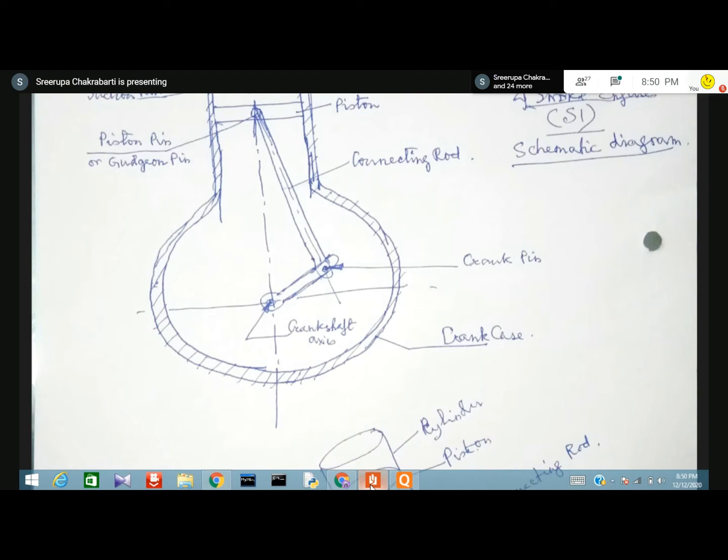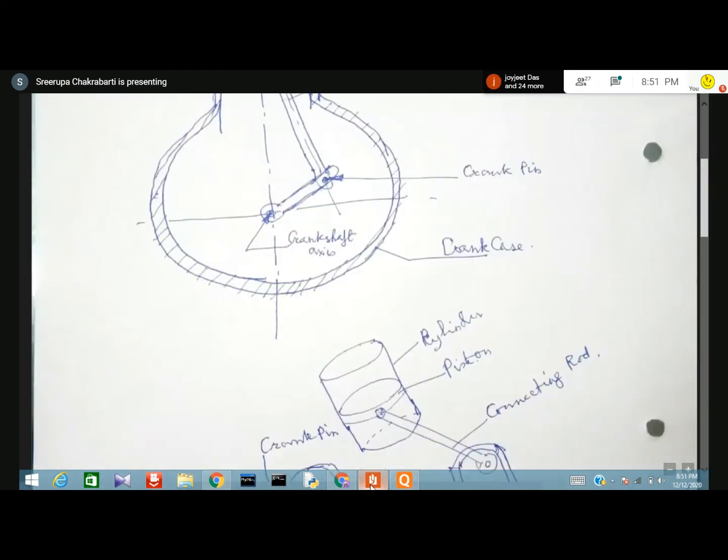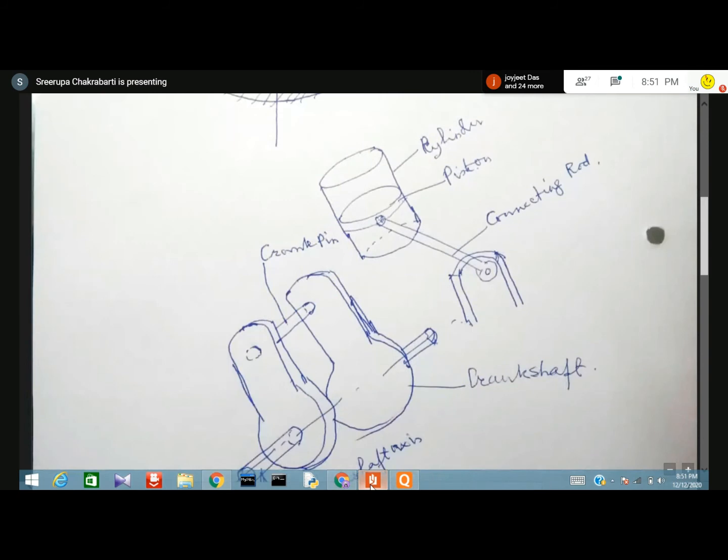So basically, what I am trying to underline is that the connecting rod, the crank, the crankshaft and the crank pin are one body. Crank pin and crankshaft are one body, as I have shown in the figure below. You can see the crank pin, crankshaft and crank are one integral body.